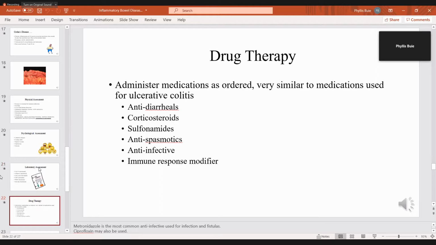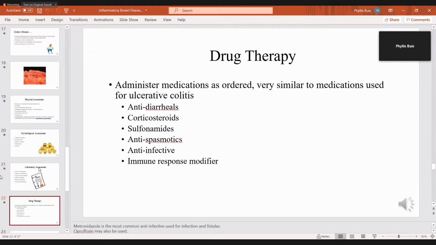Okay, so as I said before, medications are very similar to the ones that are used for ulcerative colitis. Flagyl is probably the most common anti-infective drug that's used for infections and fistulas in this particular type of condition.